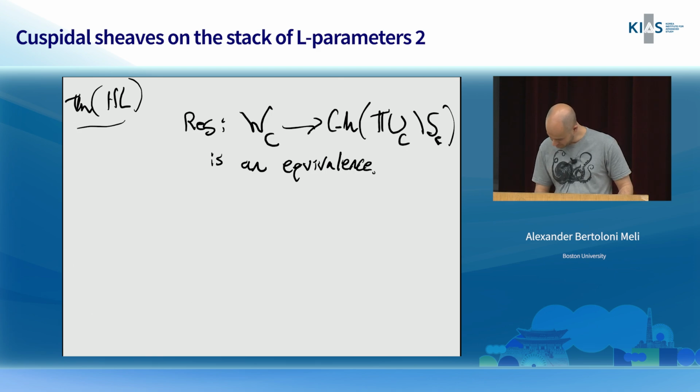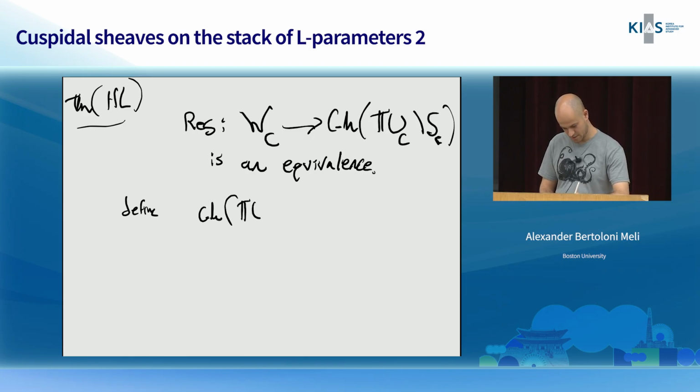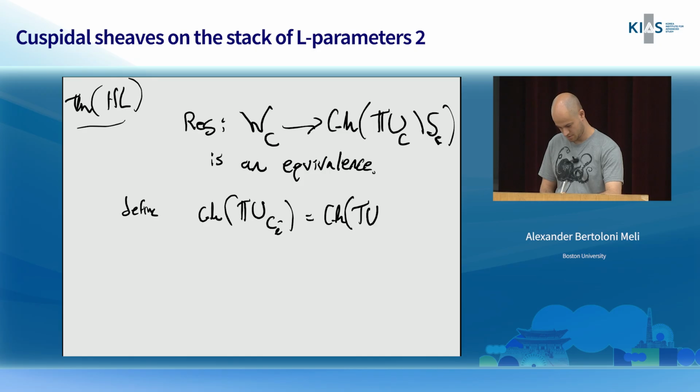Okay, fine. So now we can define our functor. Coh TUC i equals Coh TU.